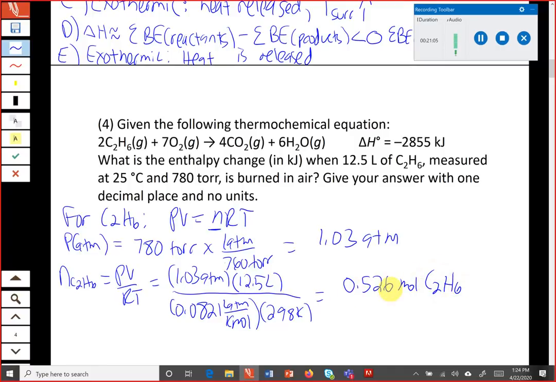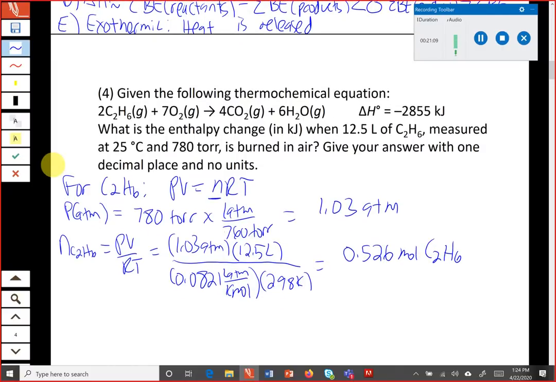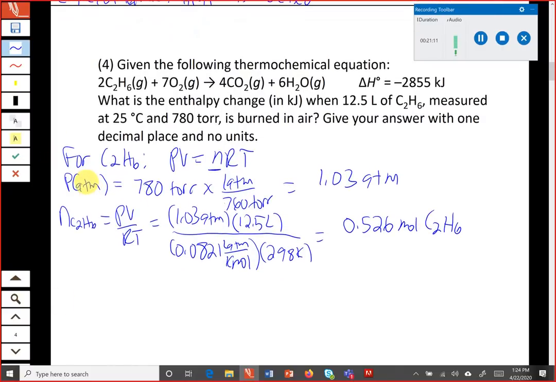Once we have moles of the limiting reactant, we can use that to figure out what the delta H would be. We treat this like a stoichiometry calculation. We have 0.526 moles of our reactant, and the chemical equation tells us that delta H is minus 2,855 kilojoules when we burn 2 moles of C2H6, because C2H6 has a coefficient of 2 in front of it.